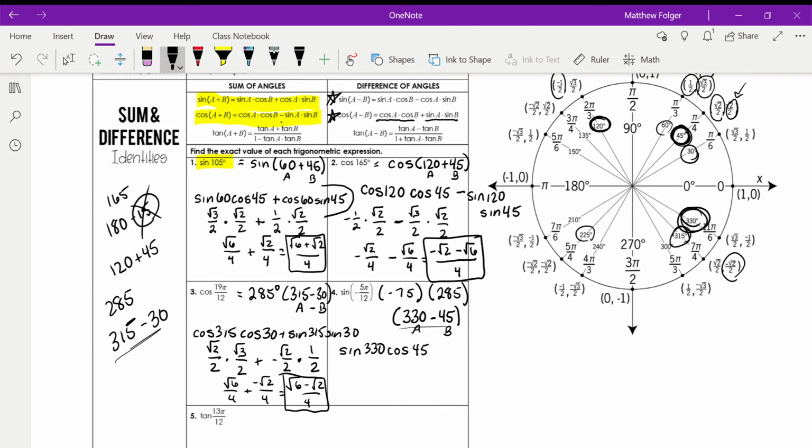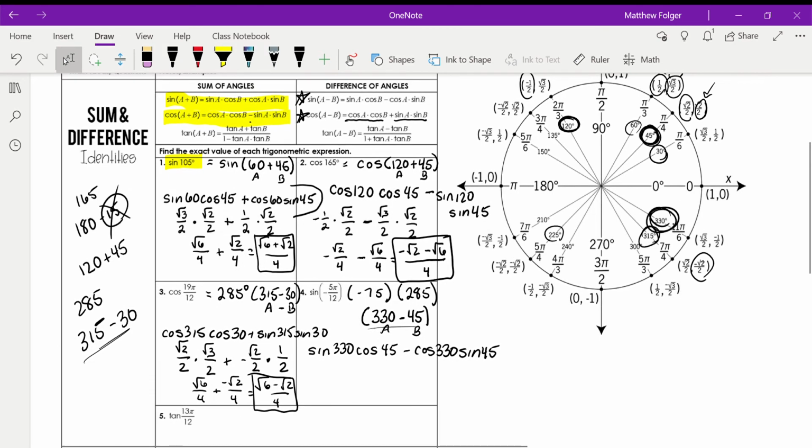Sine A cos B, and then minus cos A sine B, minus cos 330 sine 45. All right, so sine of 330, the y value here, is negative 1/2.